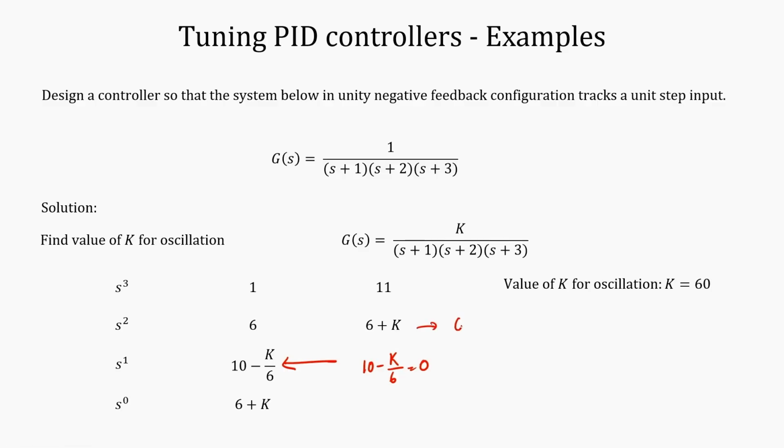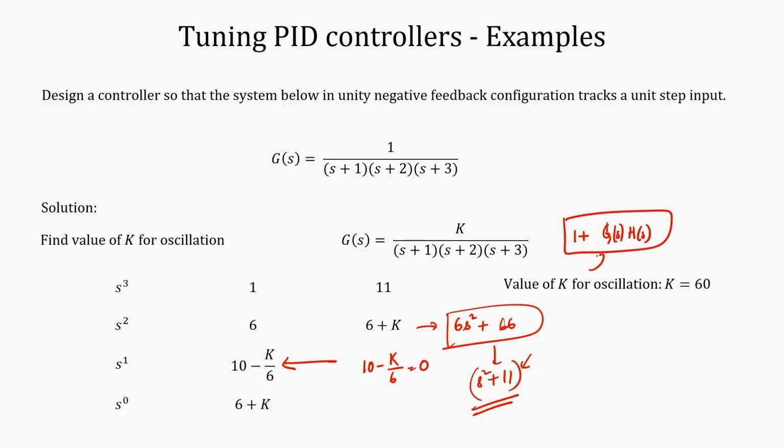The auxiliary equation was coming out to be 6s square plus 66, or s square plus 11. At k equal to 60, this will be a factor of the characteristic polynomial, 1 plus GsHs.